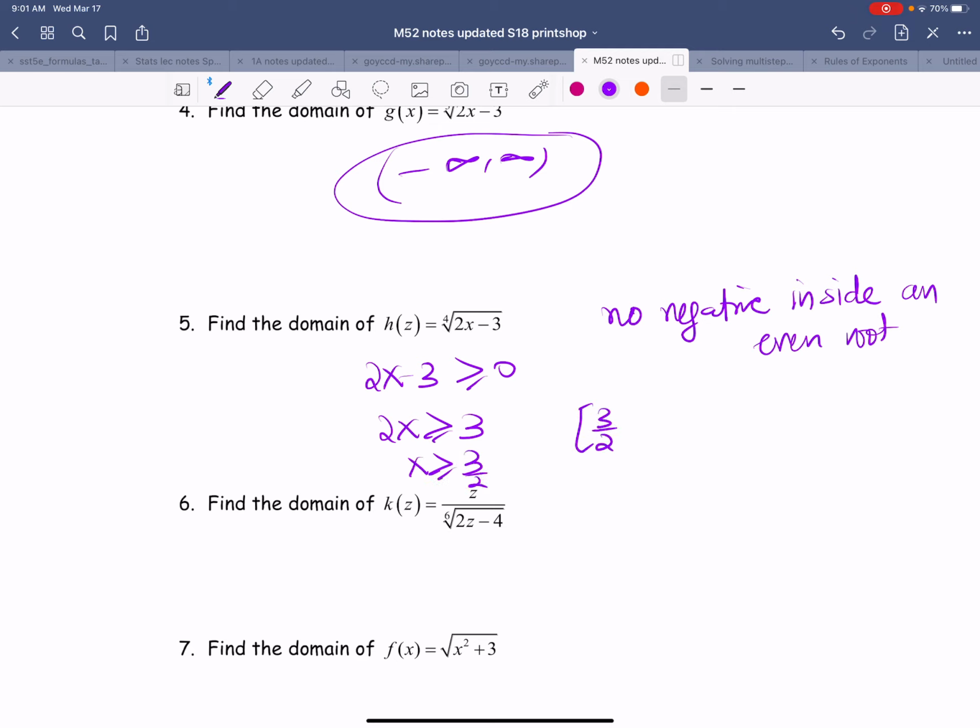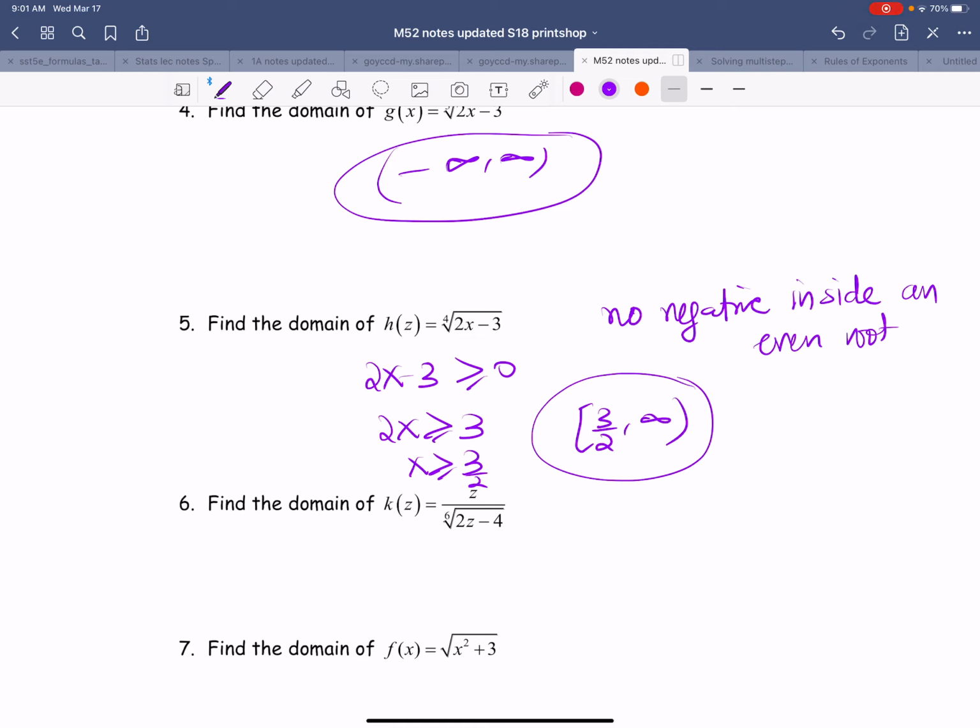So here we are. 3 halves to infinity is what my domain is. Infinity always gets parentheses because we don't really know where it is. It just means you can plug in all the numbers that exist in the world starting with 3 halves, including 3 halves. Because if I plug in 3 halves for x, I will have 0 in the root, and the root of 0 is still 0, which is still a real number.